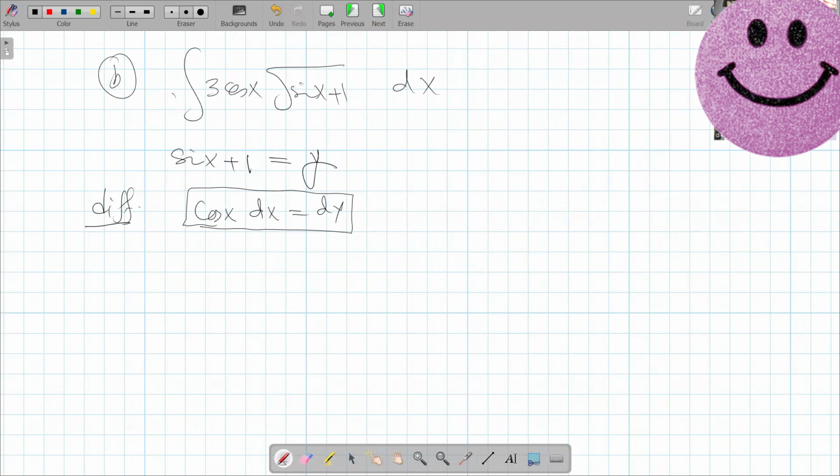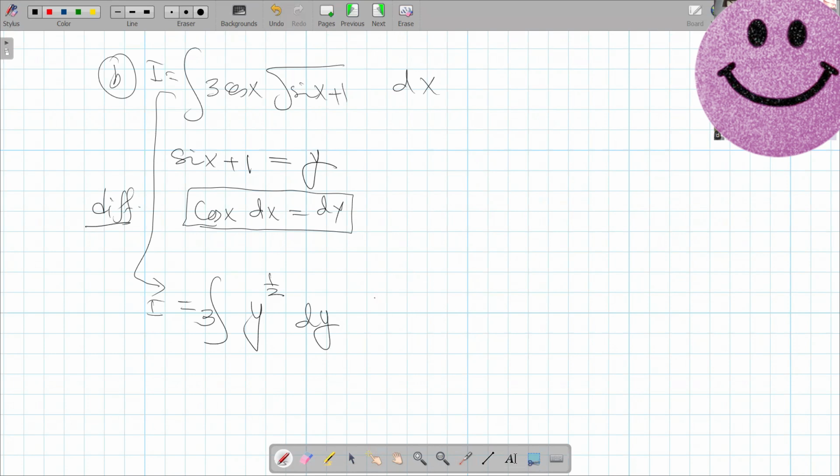Let's put this in the given integral. Call it I. So I will be equal to the integral, let's take 3 outside, of y raised to power 1 over 2 times dy.